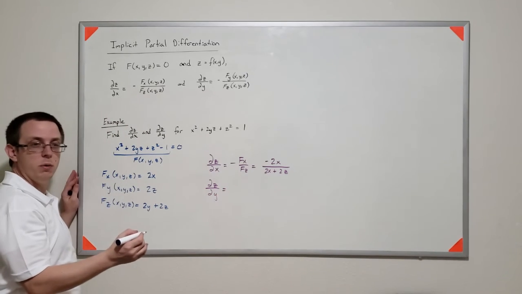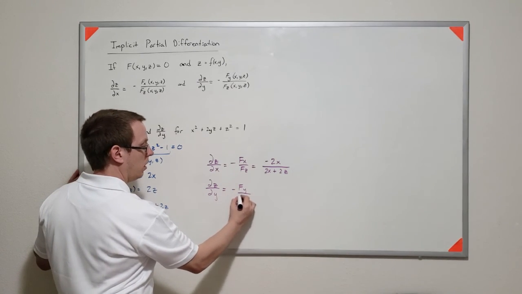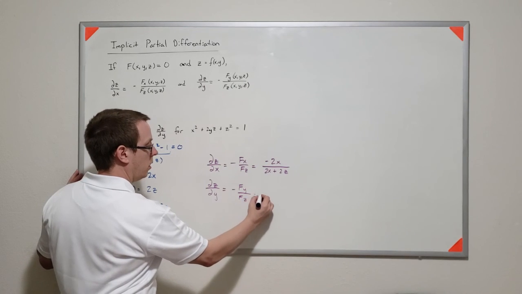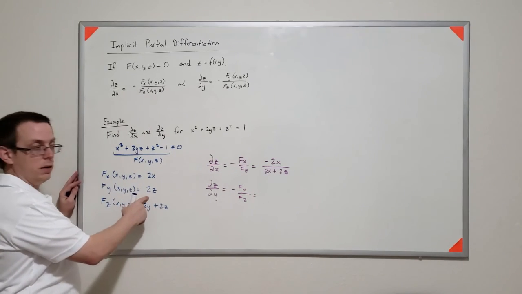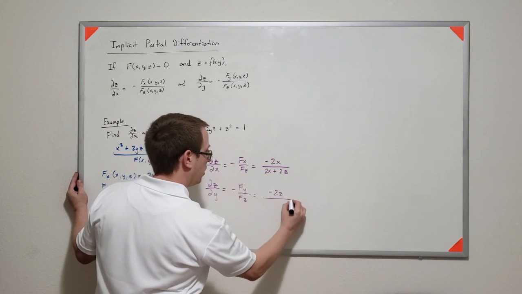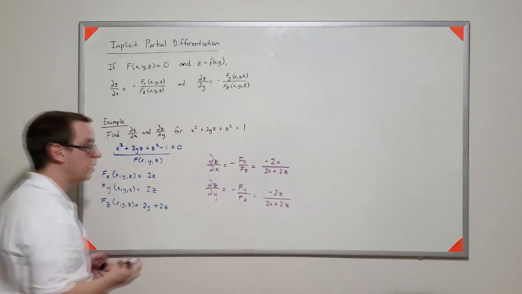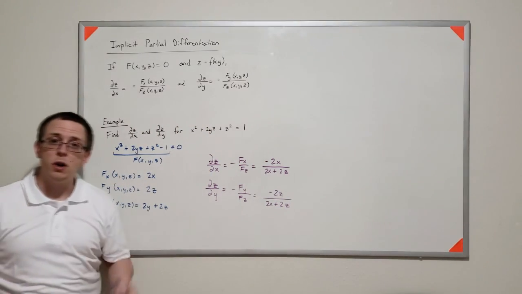And similarly with the partial of z with respect to y, I get negative 2z, and that's really all there is to it.